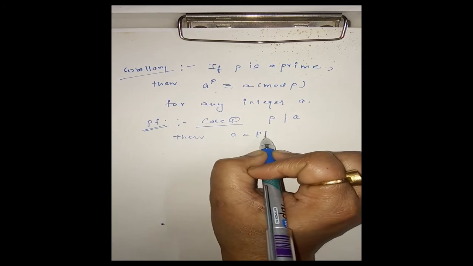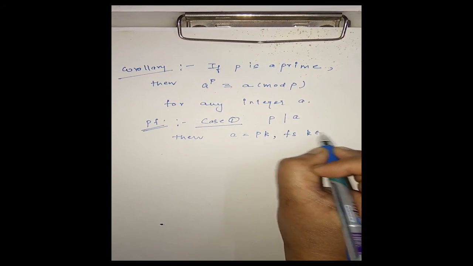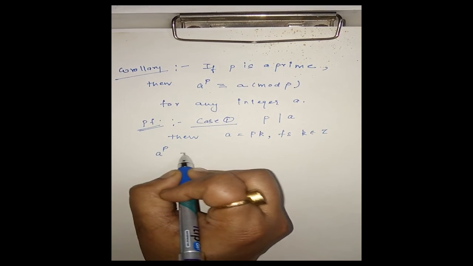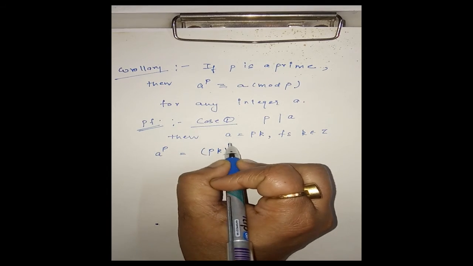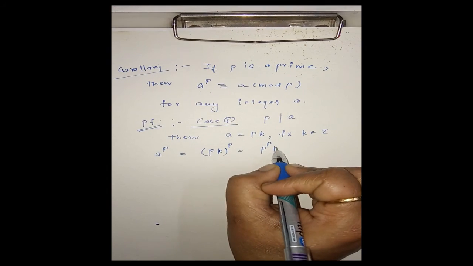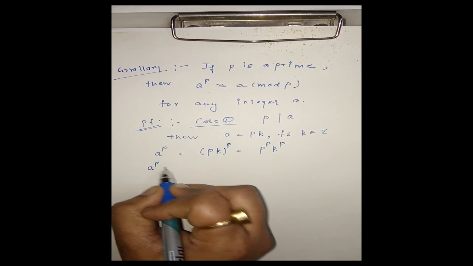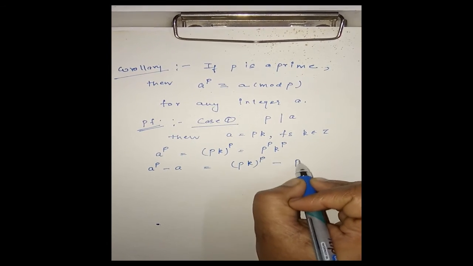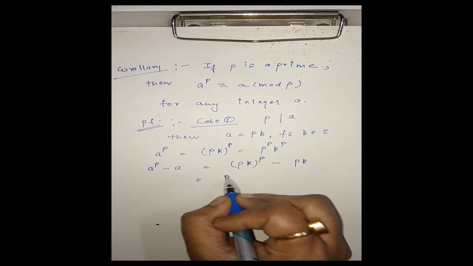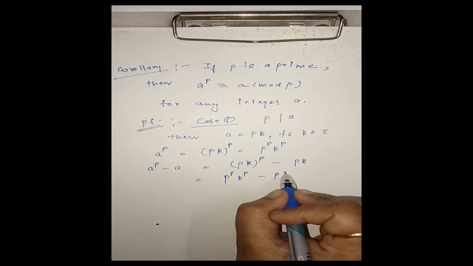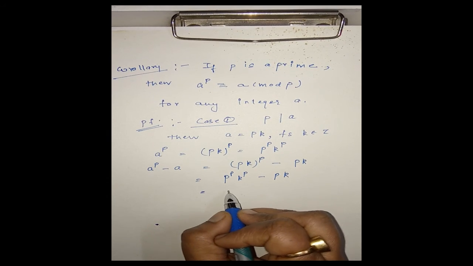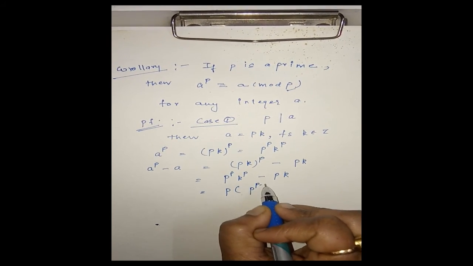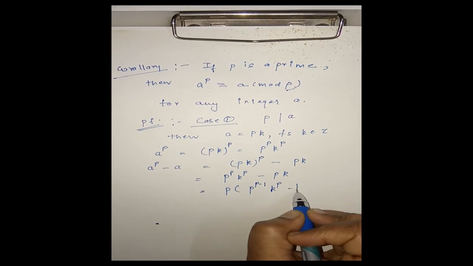If p divides a, then we have a is equal to pk for some integer k. Now, a power p is equal to p power p and k power p. Now, a power p minus a is equal to, taking p common, since we want to divide by p, p times (p power p minus 1, k power p minus k).